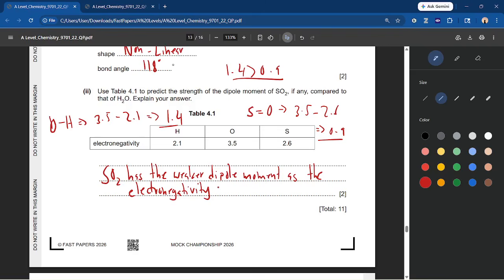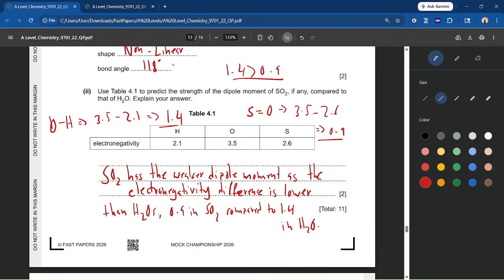The electronegativity difference is lower than H2O's. And then you can give figures: 0.9 in SO2 compared to 1.4 in H2O. And there we go.